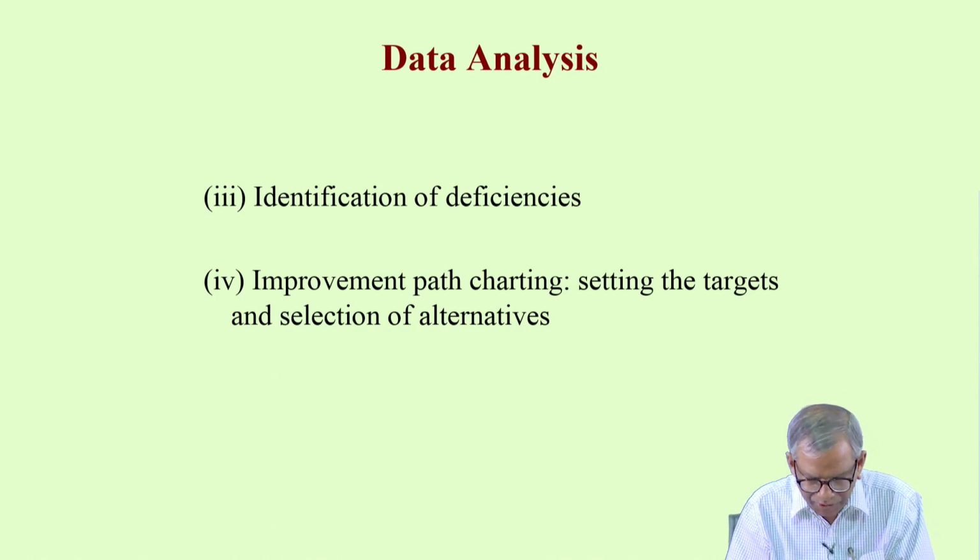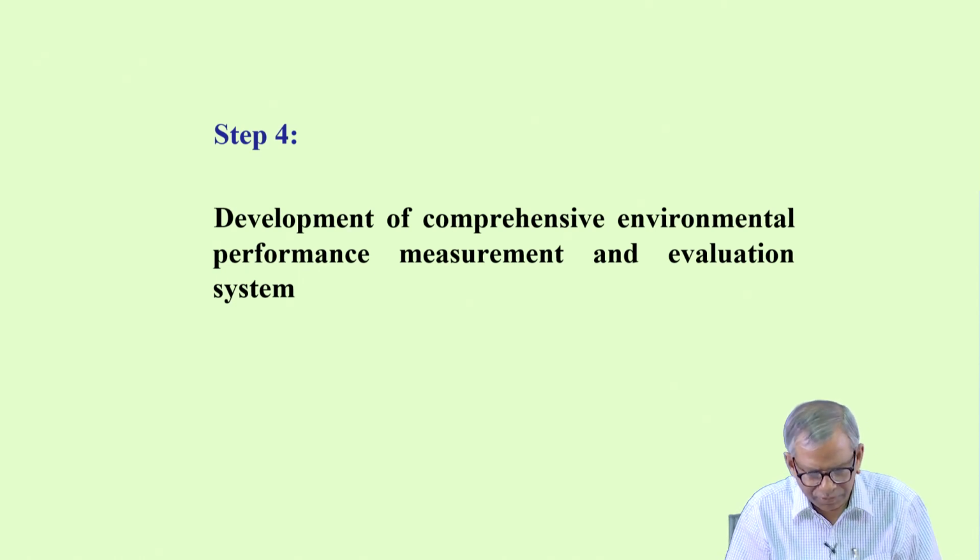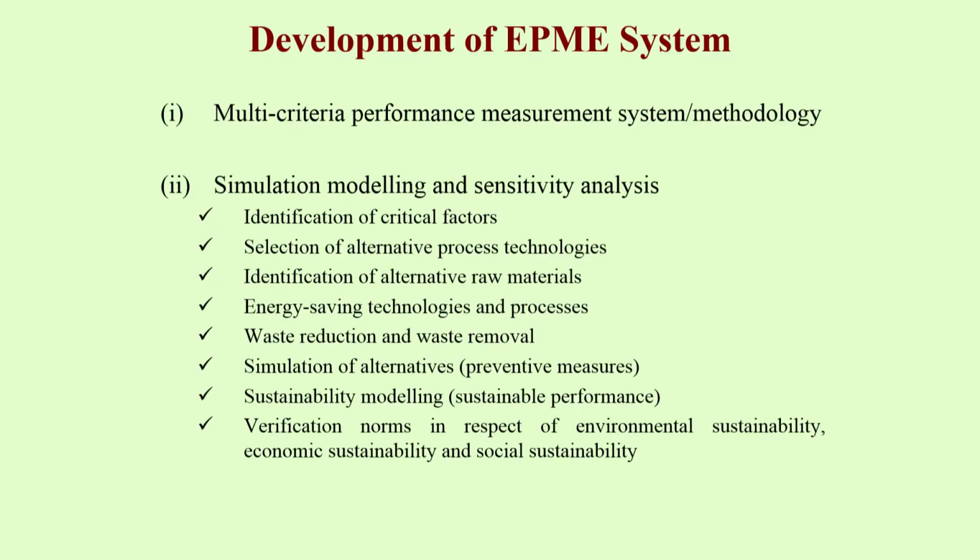So, setting the targets and selection of the alternatives. Step 4, development of a comprehensive environmental performance measurement and evaluation system. Multi-criteria performance measurement systems or methodology. MCDM, you are aware of it: multi-objective and multi-criteria. There are two methods in fact.